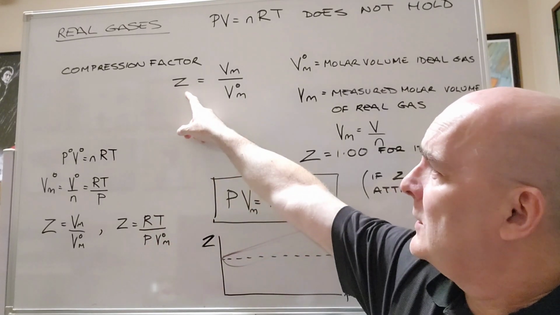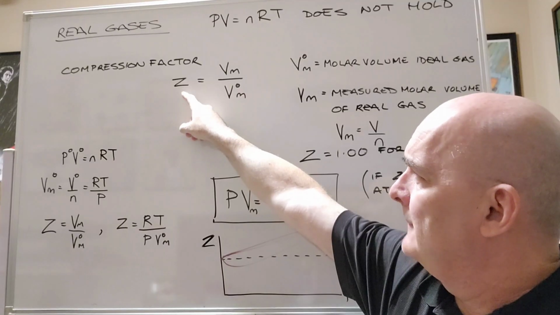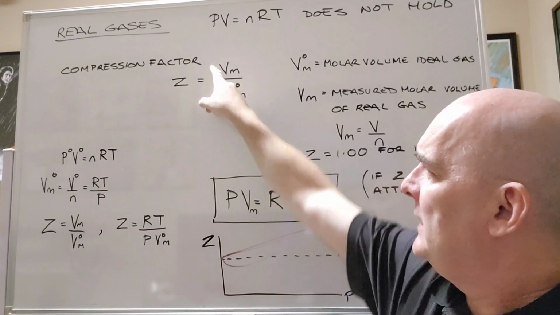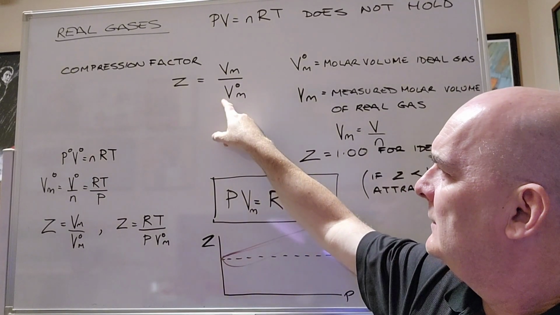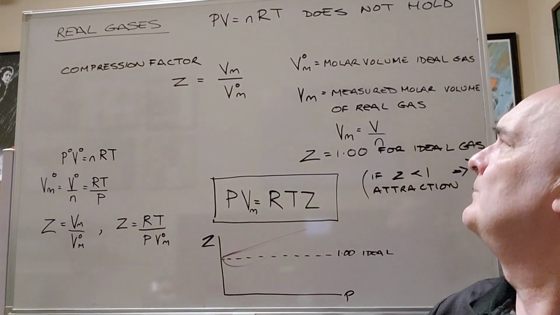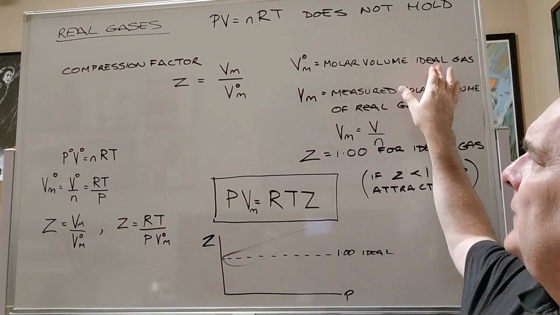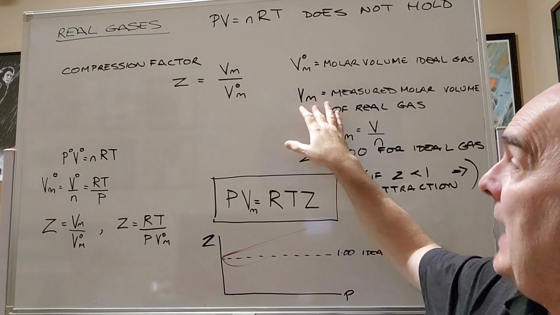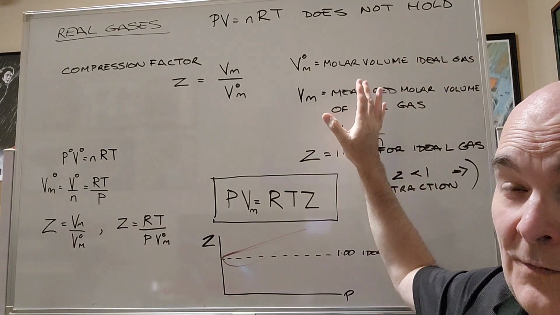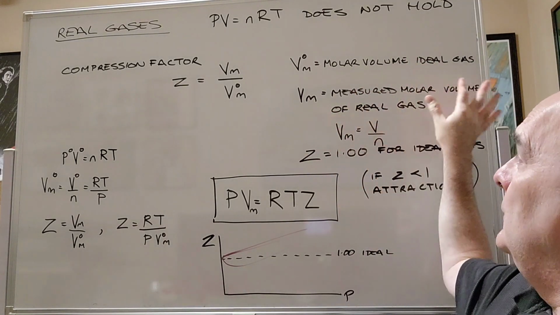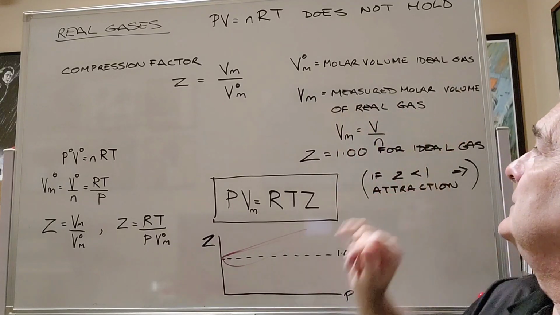So the compression factor, Z, is Vm divided by V0m. V0m is the molar volume of the ideal gas. Vm is just the measured, or experimentally found, molar volume of the real gas.